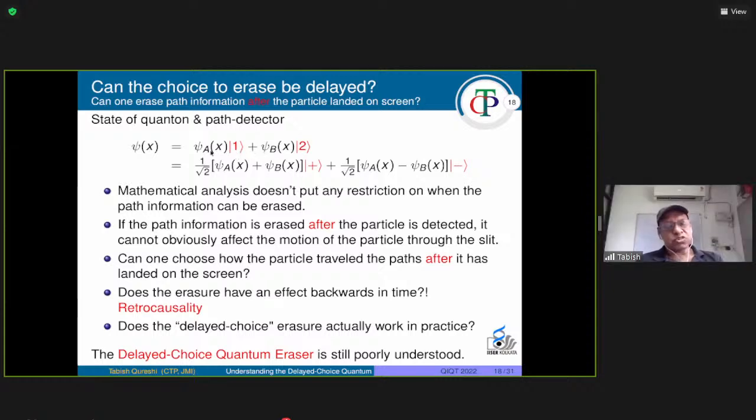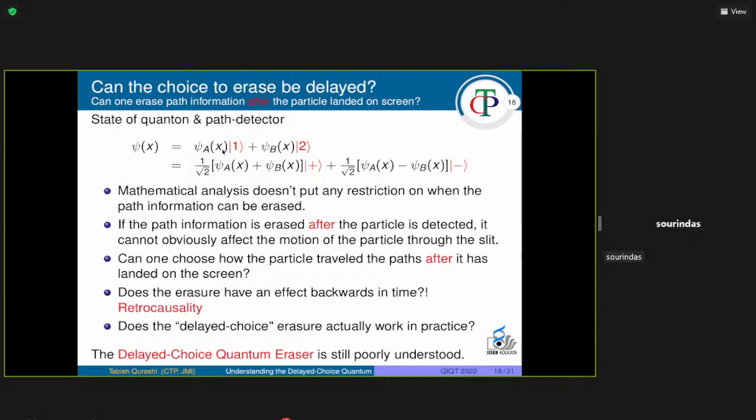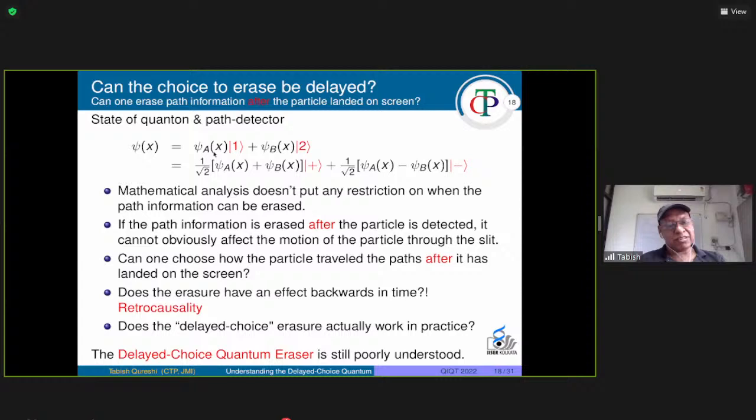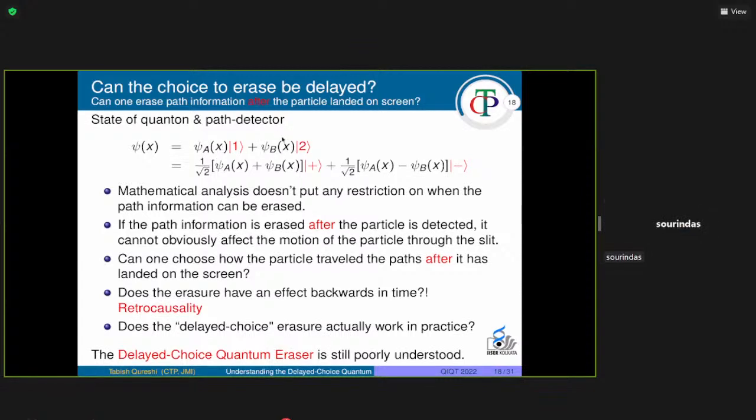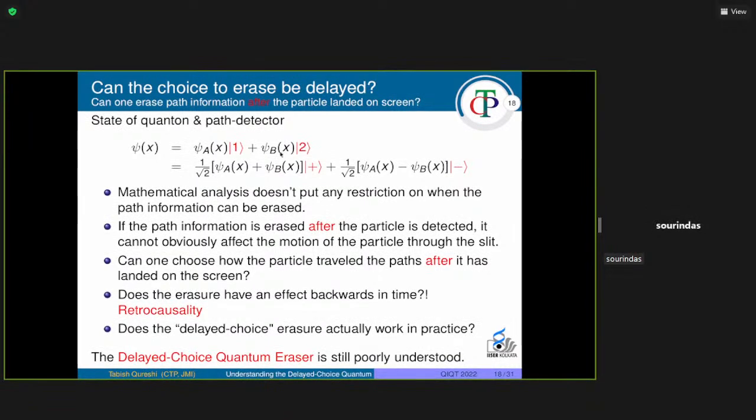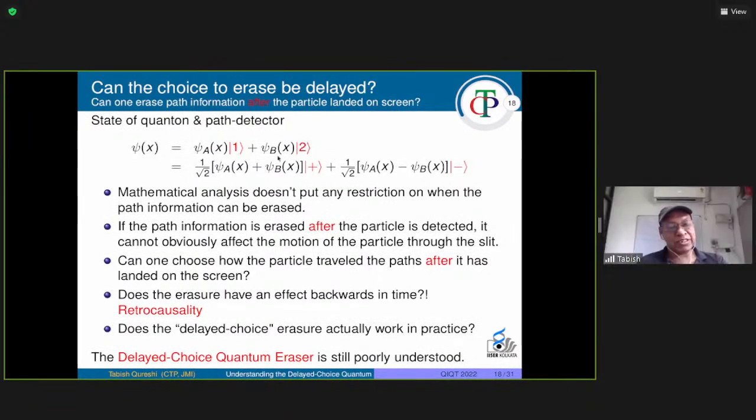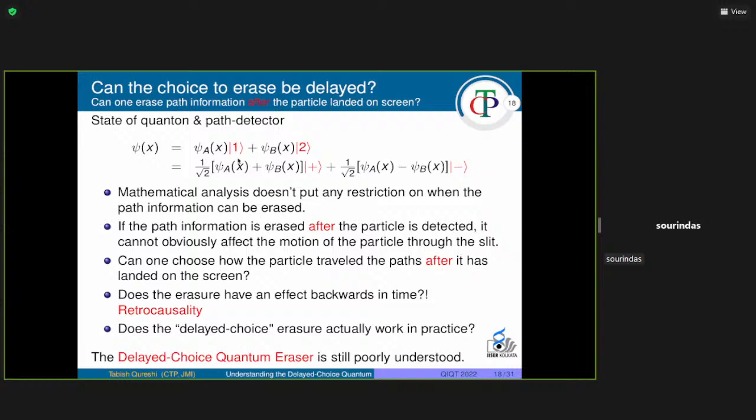That's the question. So psi AX and psi BX have to be orthogonal because they emerge from two spatially separated slits. This state will be localized only at slit A and this state only at slit B, so they are spatially separated, with no overlap between them, so they have to be orthogonal. Now when they travel to the screen, of course they will spread out and completely overlap with each other.